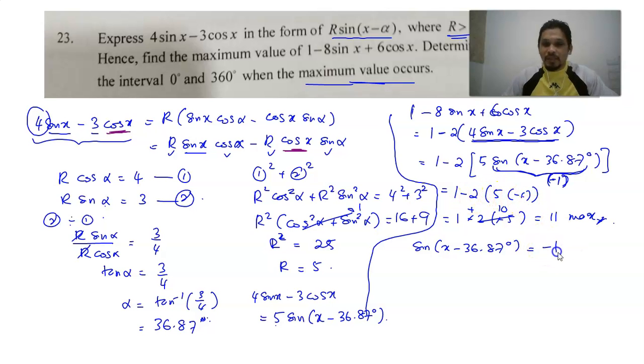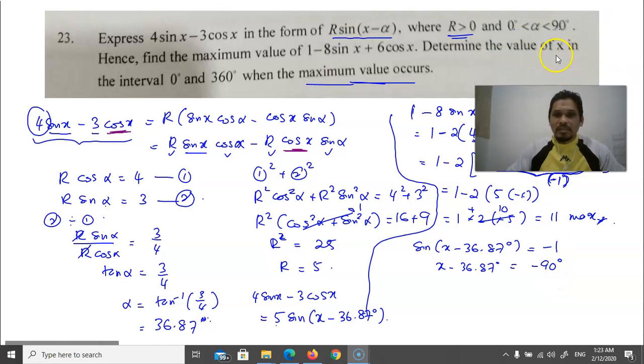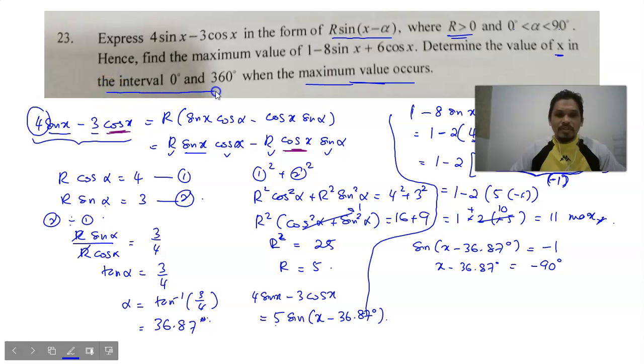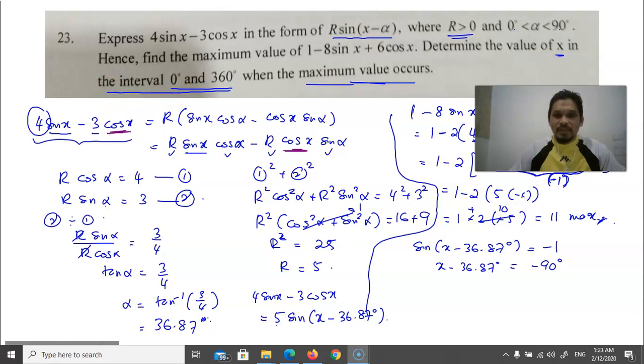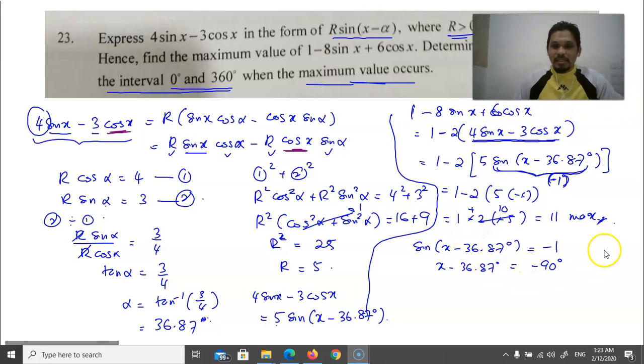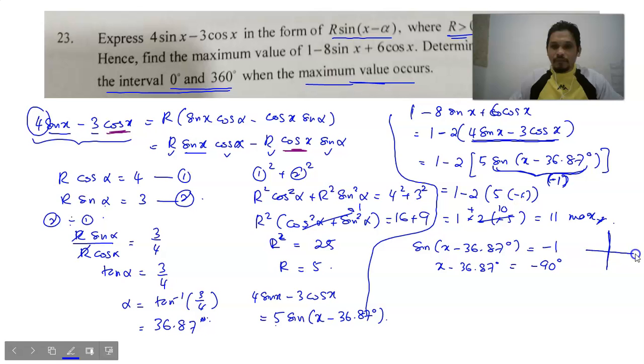Okay, so this negative 1 here. Then x minus 36.87 degrees equals arc sine of negative 1, which equals negative 90 degrees. By the way, the value of x is in the interval of 0 up to 360 degrees, which means that for negative 90 the direction on the graph will be clockwise.